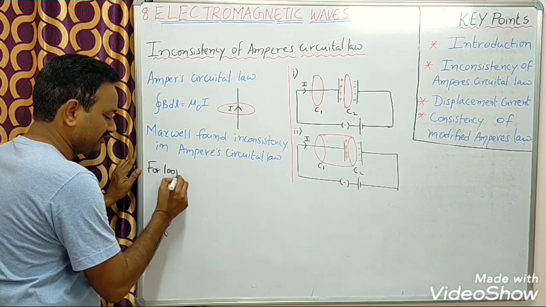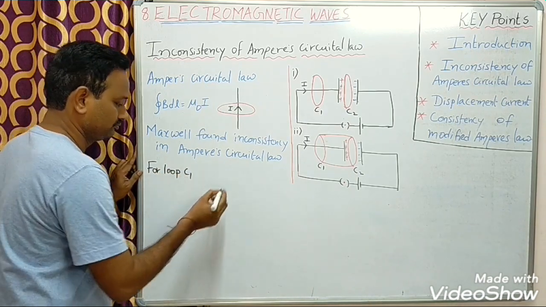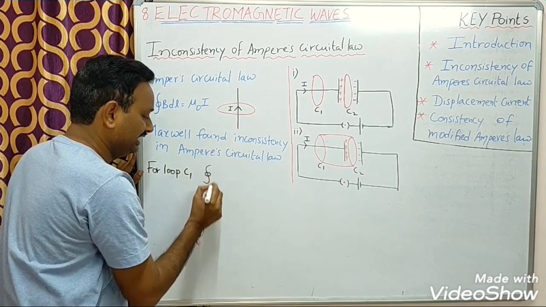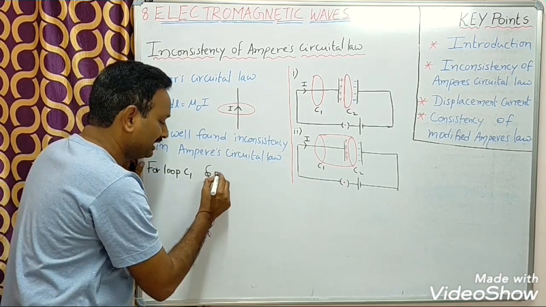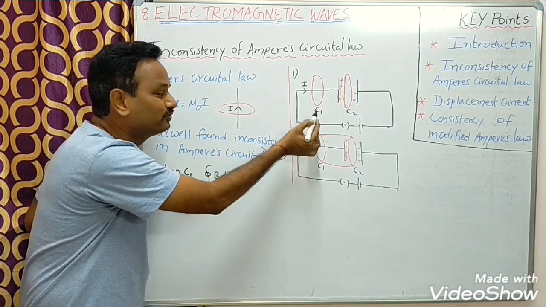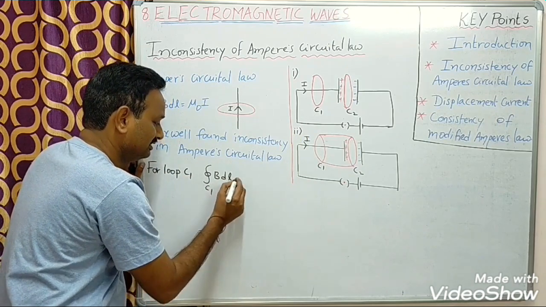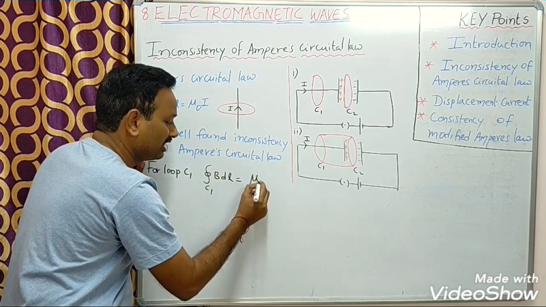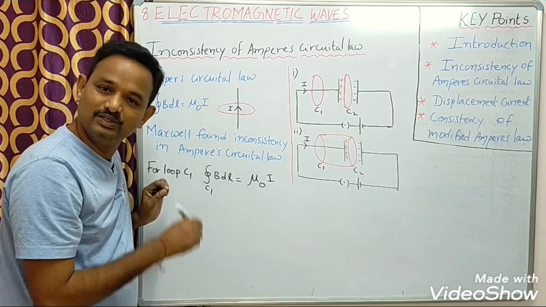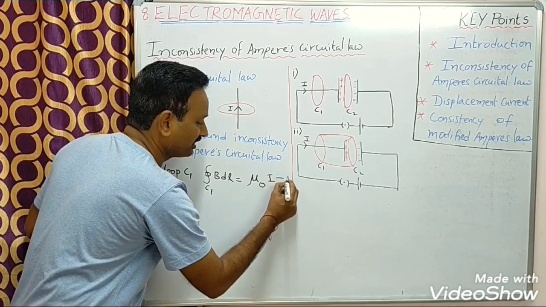For loop C1, the line integral of magnetic field around a closed loop C1 is equal to mu naught times the current flowing through that loop. This is equation 1.